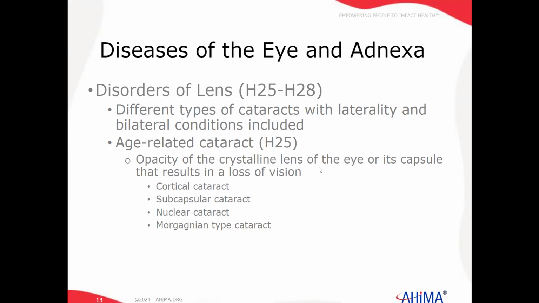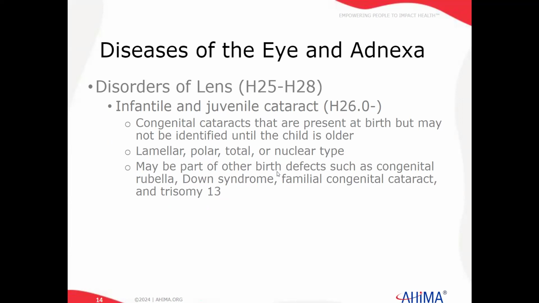And of course, we have other ones as well, the cortical cataract, subcapsular cataract, and so on. With all these, the main term would be cataract. Anytime we have a disorder of the lens, it's H25 through H28.